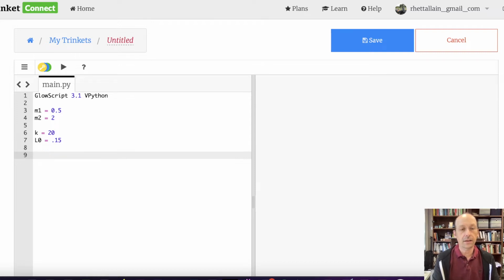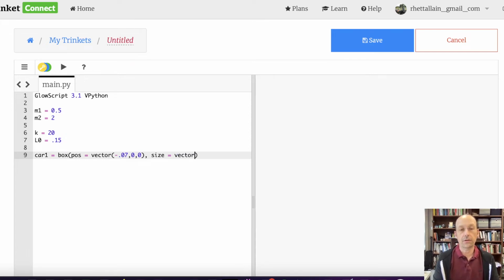Okay, so now I'm going to say cart1 is equal to a box. The position is going to be equal to, let's say, 15 centimeters. I said 15 centimeters, so let's make it a little bit shorter. So let's say vector negative 0.07, 0, 0. That's position equals. Okay. And then the size, and I'm going to make these kind of realistic. 3 centimeters.